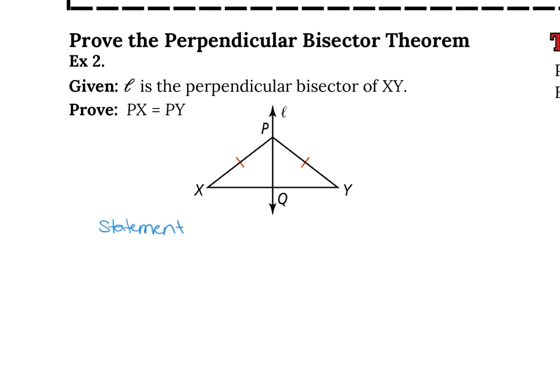So we'll create our statement and our reason proof. Okay, first we know that PQ is congruent to PQ through the reflexive property.